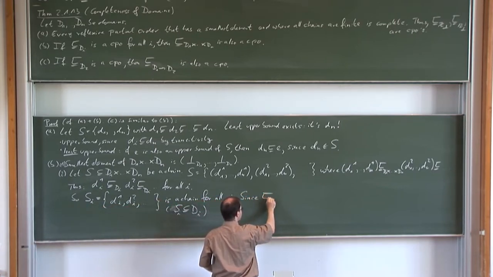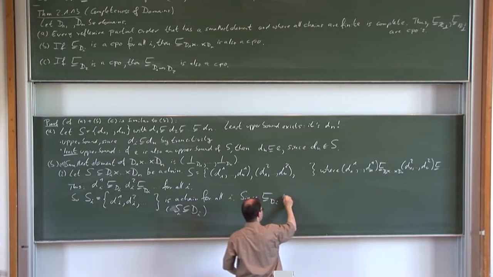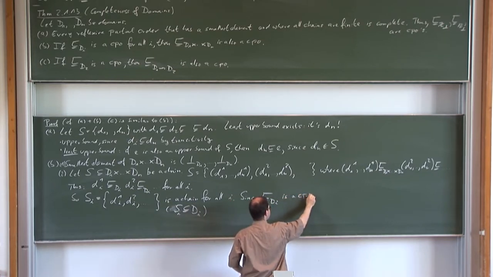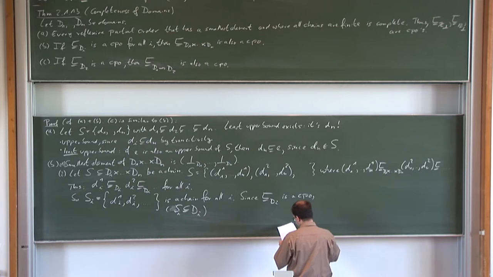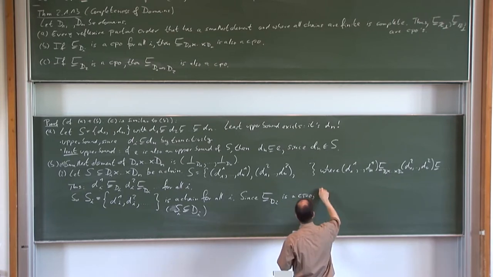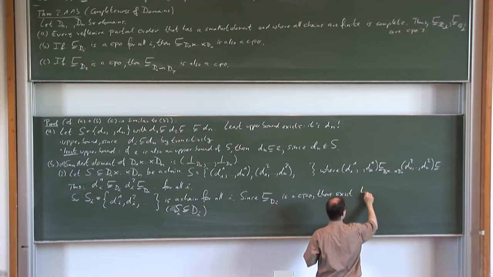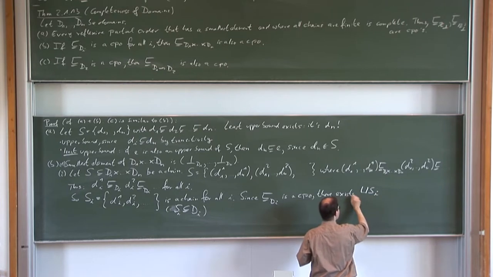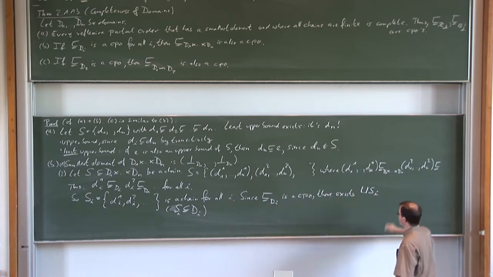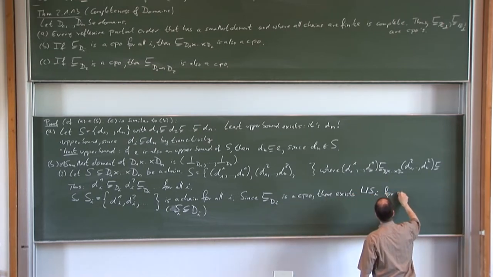So since this is complete, there exists the least upper bound of Si for all i.